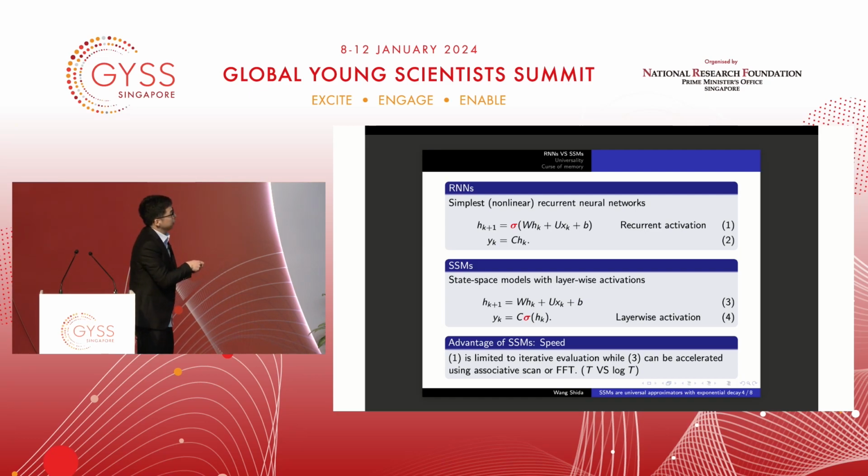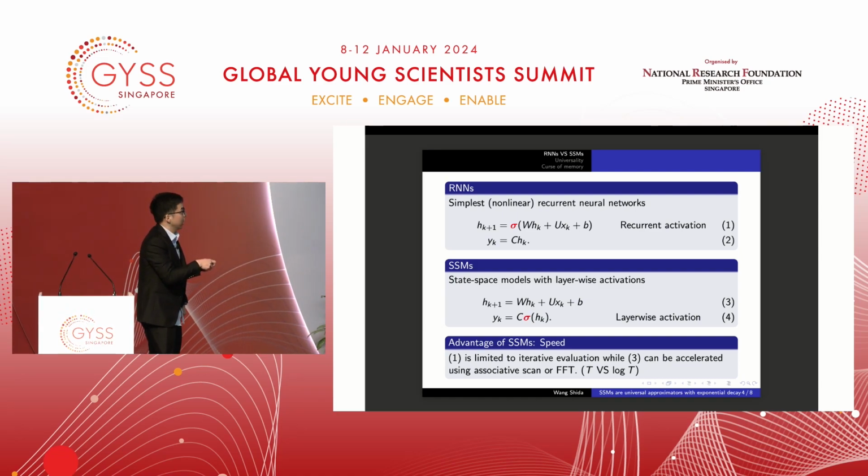Because the linear dynamical system has this linear form, we can do an eigenvalue decomposition, and then the hidden states are actually decoupled into different dimensions. While recurrent models are limited to iterative evaluation of the hidden state, state space models can be accelerated using techniques such as associative scan or fast Fourier transform.